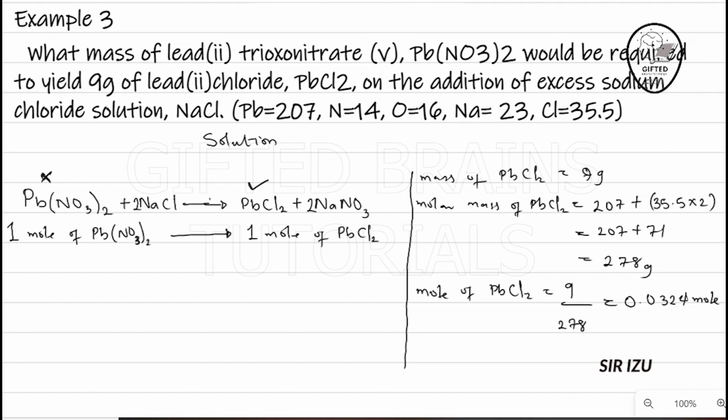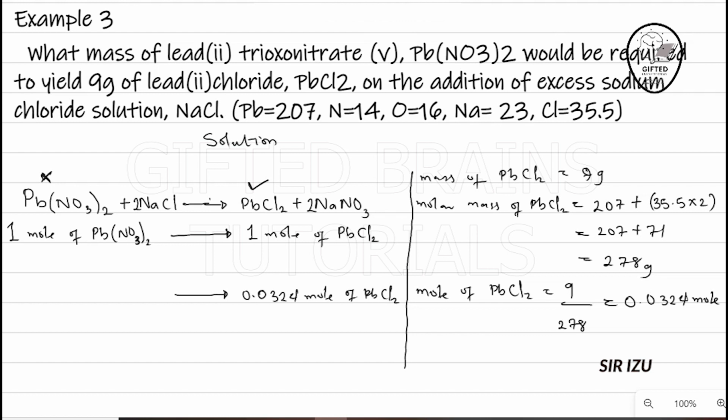So I'll just come here and write that the yielded mole of lead(II) chloride is actually 0.0324 mole. So the question that comes to us is, what mass of lead(II) nitrate?